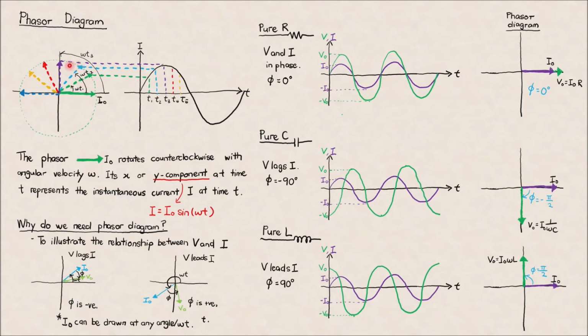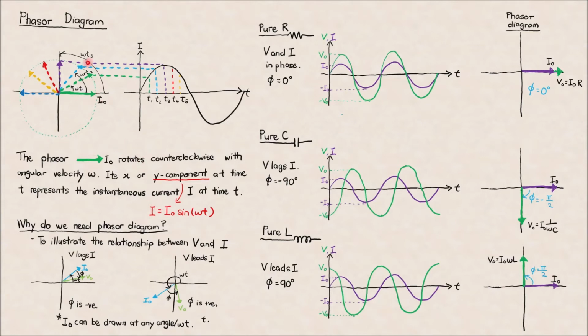So if you want to find the y component, you take the length I naught times sine omega t. That's just I naught sine omega t. And you see that that translates into the instantaneous current at time t.